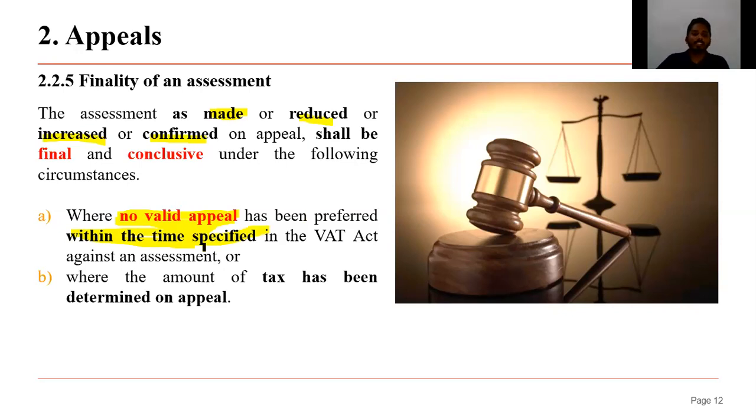Then where the tax has been determined on appeal, and in the appeal we accept that yes, we accept to pay that 100 million, then again the assessment will be final and conclusive, because we accept that the assistant commissioner is right. We erroneously declared 100 million, but it should be 200 million. We will pay the taxes and penalty. In that case also, the assessment will be final and conclusive.